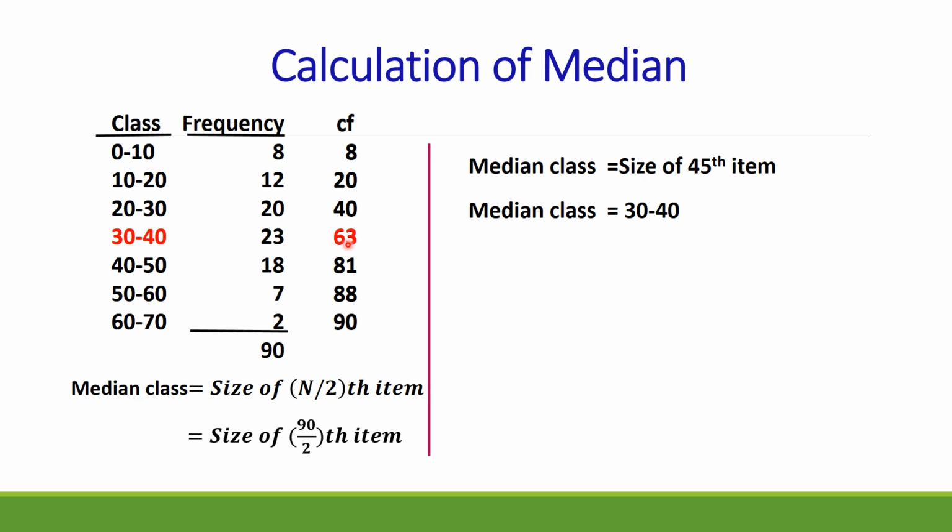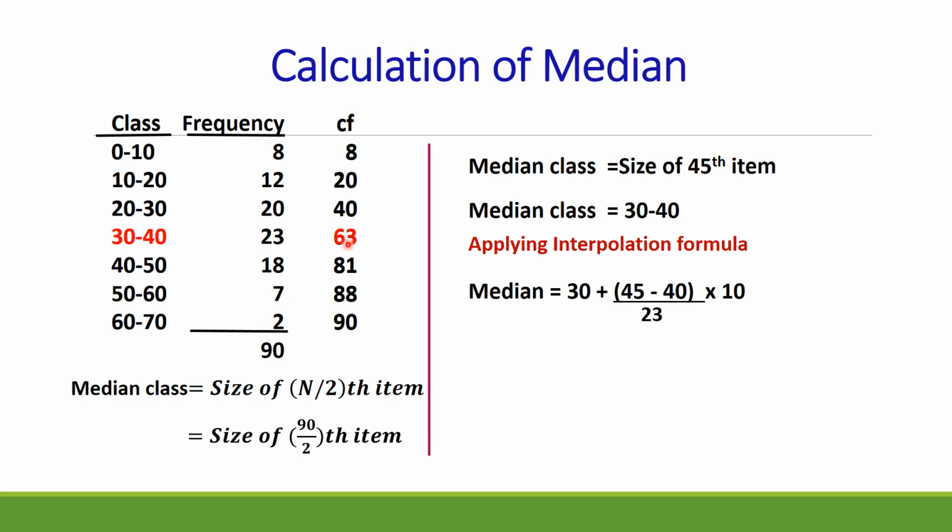Now to find the median, we have to apply the interpolation formula, L1 plus n by 2 minus Cf by f into C. L1 is the lower limit of the median class, that is 30. The 30 to 40 lower limit, that is 30, is applied here. Then plus n by 2. N by 2 is 45, that is already calculated.